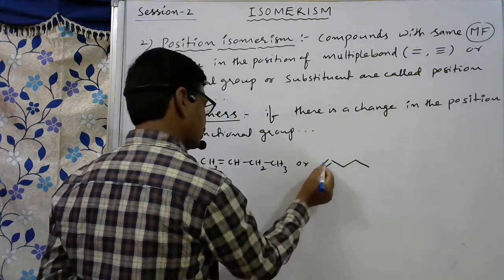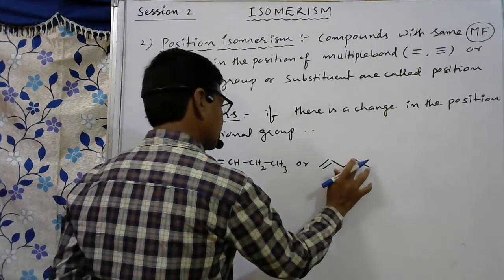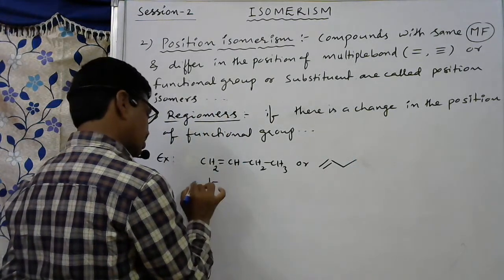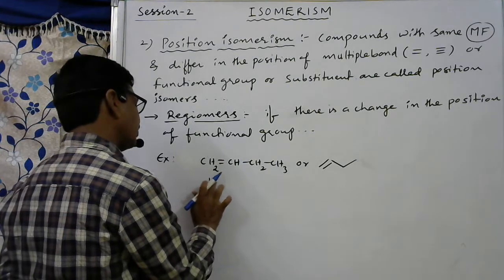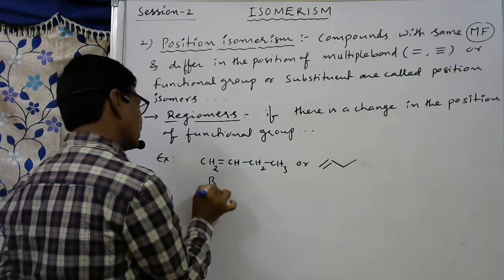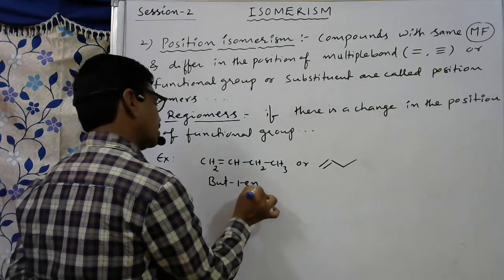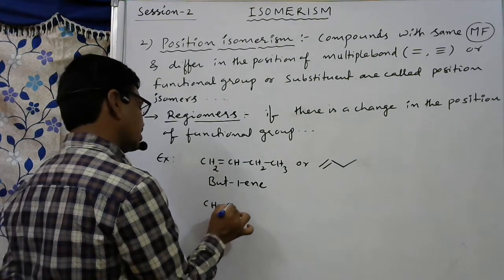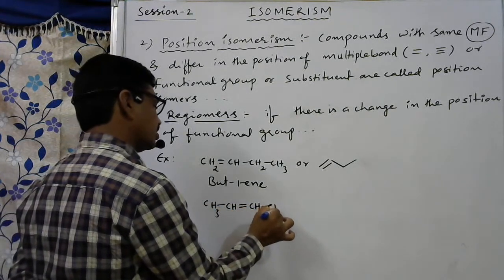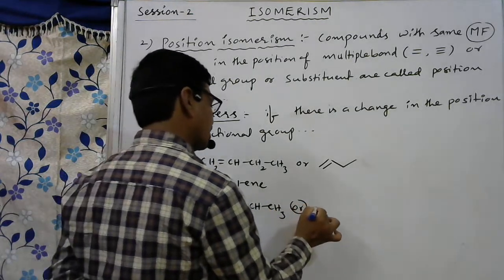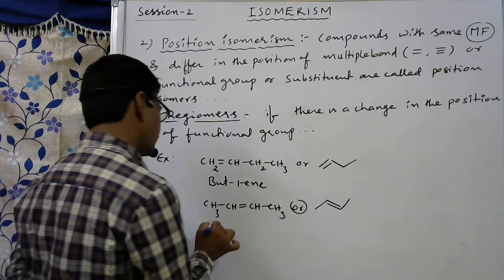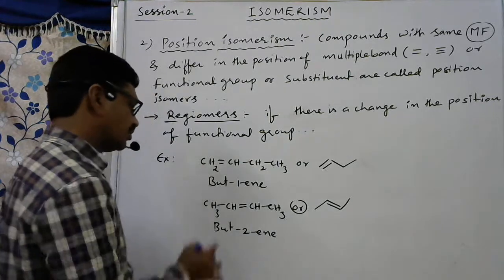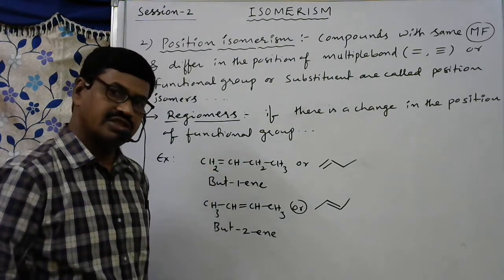This is but-1-ene. For the same, we can write CH3, CH, double bond, CH, CH3, and this is but-2-ene.